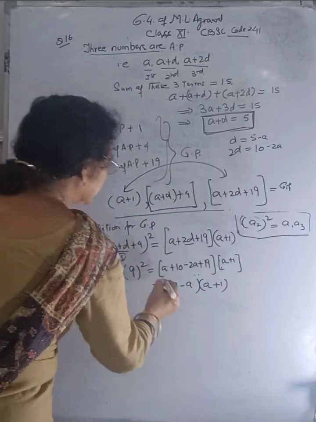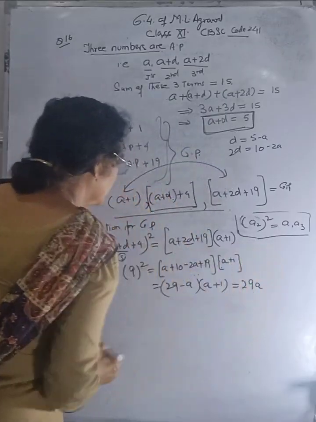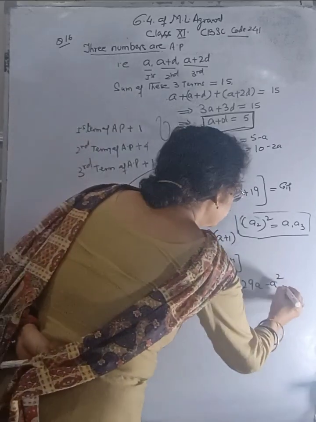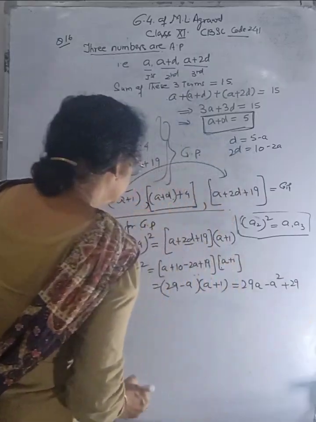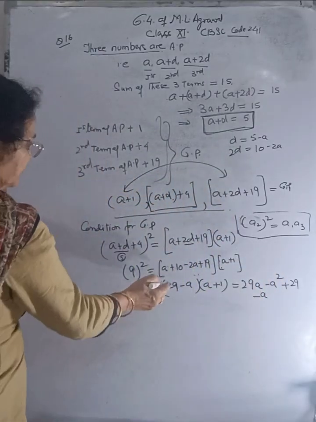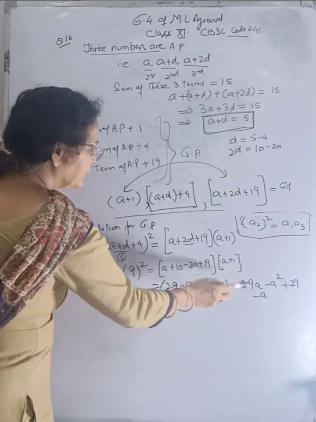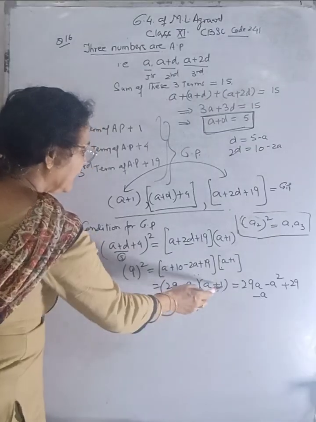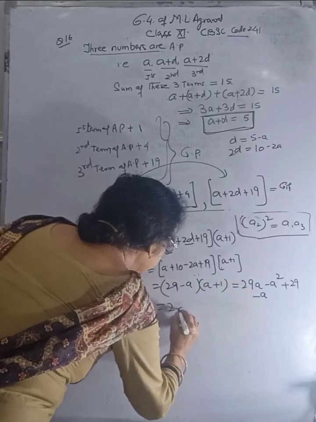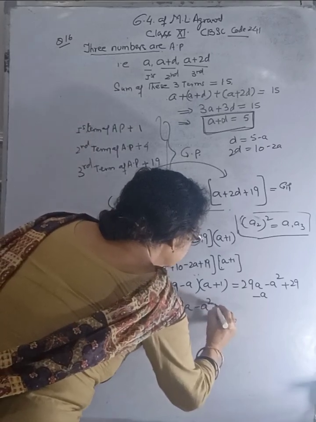Multiplying, this will be equal to 29A minus A square plus 29 minus A. The multiplication of this gives 29A minus A square, 29 and minus A. This will be equal to 28A minus A square plus 29.